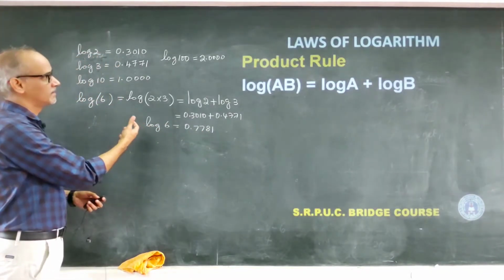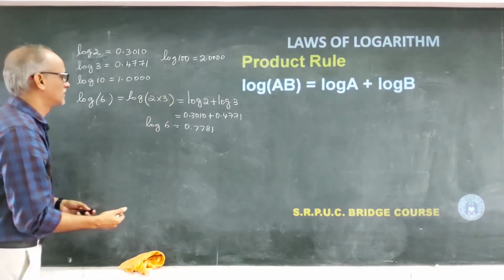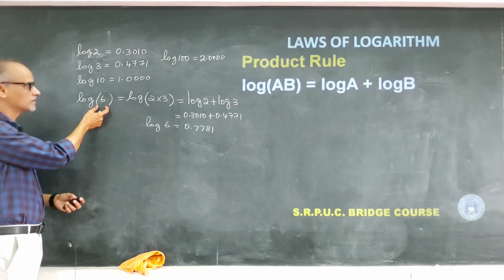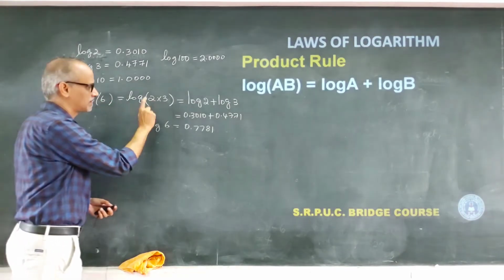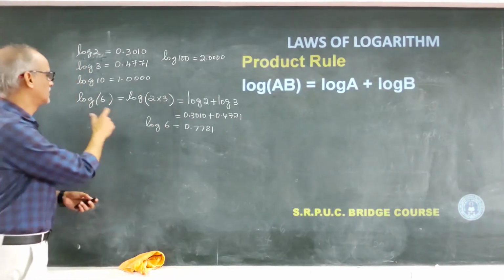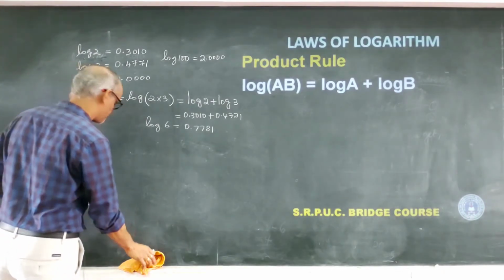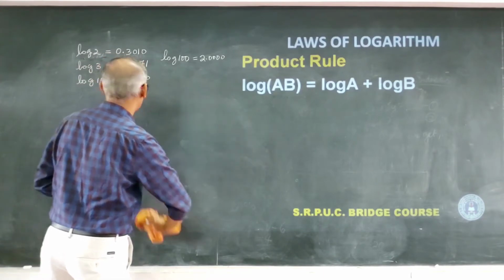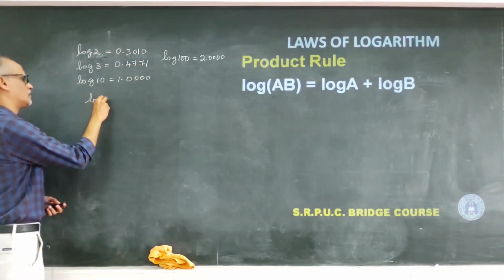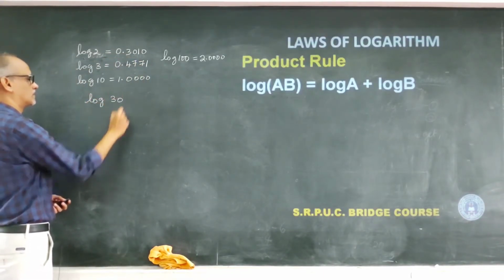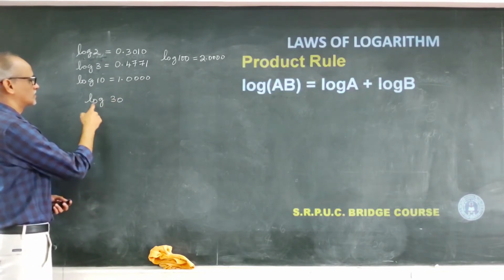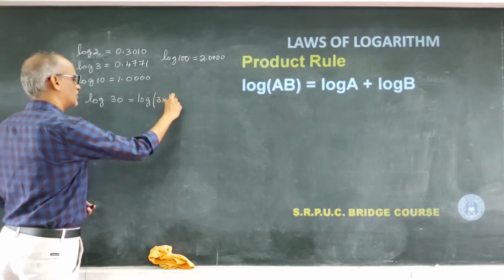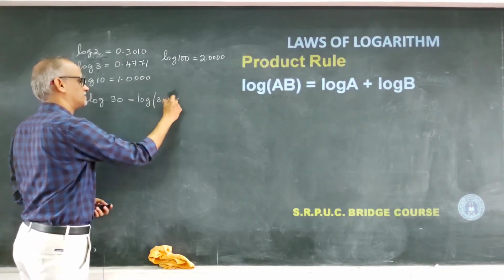So you can see we have used the product rule in finding the log of a number by knowing the logs of other numbers, that is log 2 into 3. I'll give you one more example. I want to find log 30. Log 30, I can write as log 3 into 10.